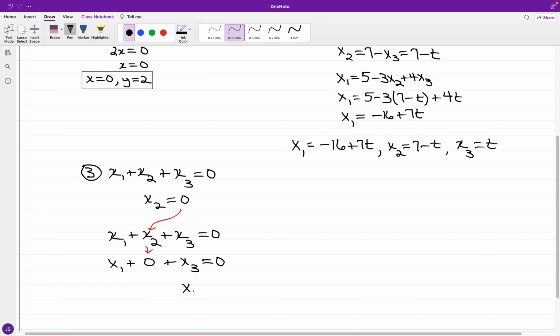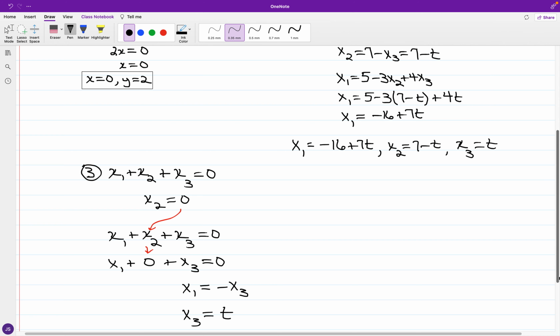And we're going to have that x of 1 is equal to negative x of 3. I cannot do any manipulation with x of 3 in terms of isolating outside of saying that x of 3 is equal to the negative of x of 1. And I'm going to assign the parametric t to the last of the variables.